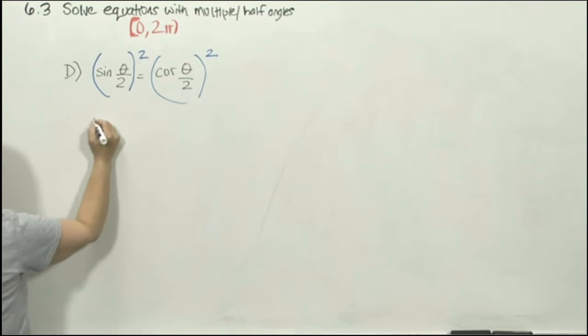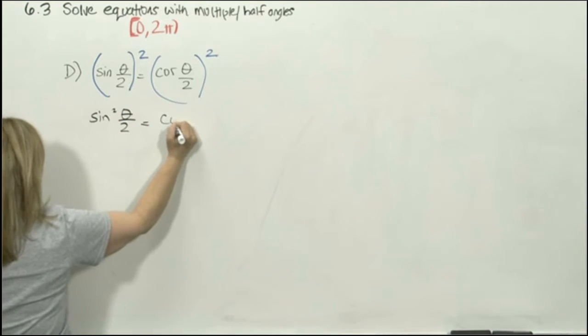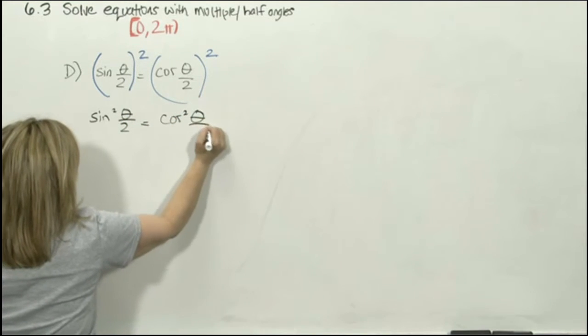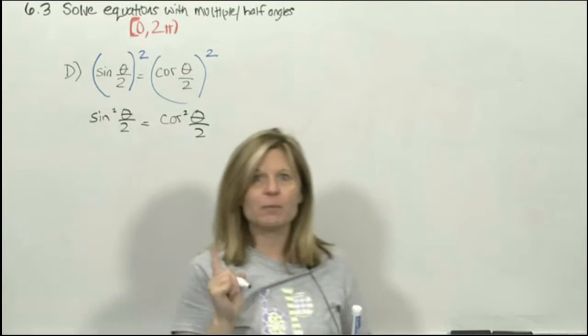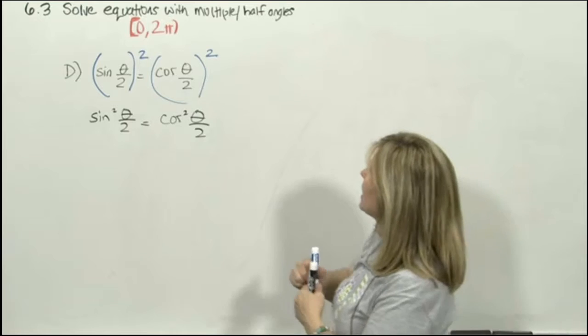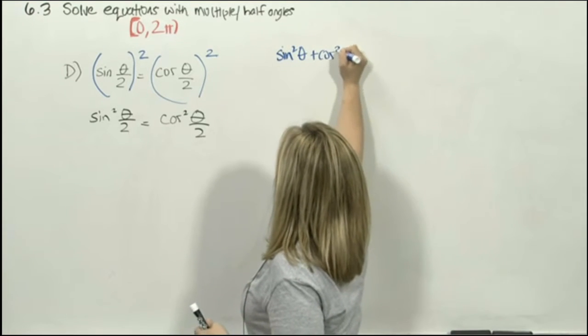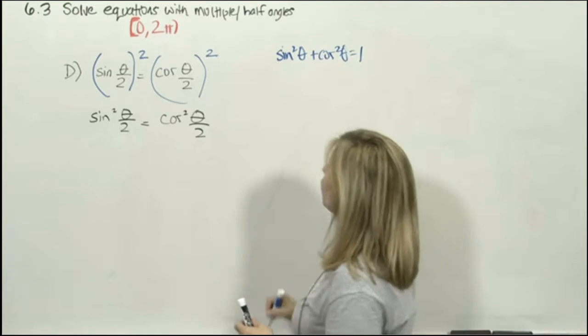I'm going to rewrite this as sine squared theta over 2 equals cosine squared theta over 2. What that allows me to do now that I have a square, I can use that Pythagorean identity. We learned sine squared theta plus cosine squared theta equals 1.